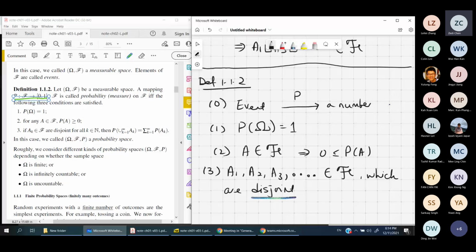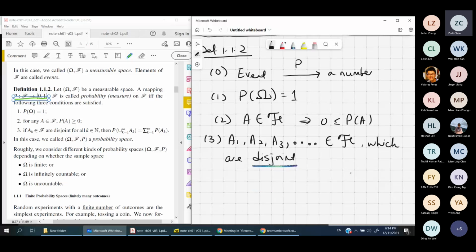When A1, A2, A3 are events which are disjoint, then the probability of the union of all these events must be equal to the summation of all of their probabilities.